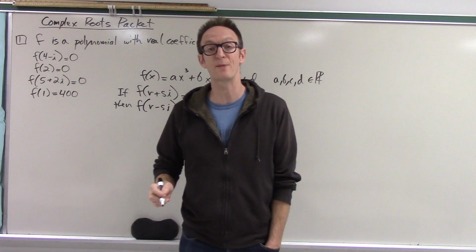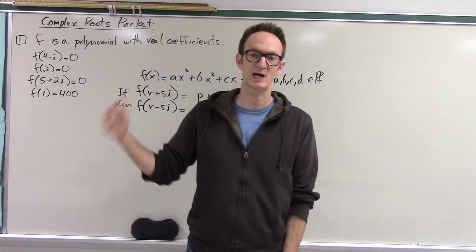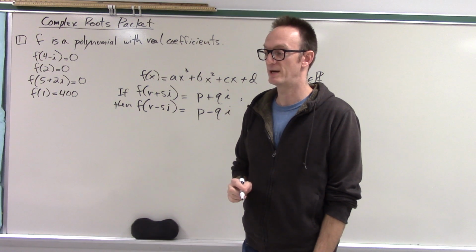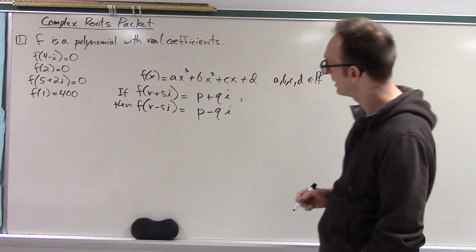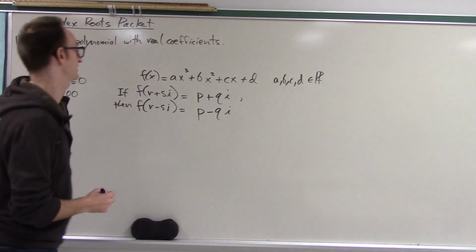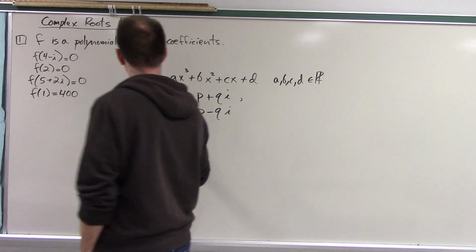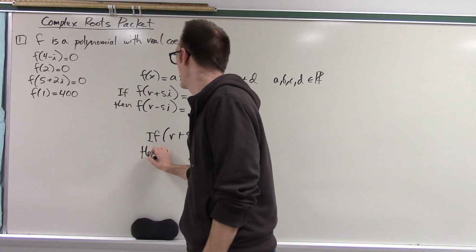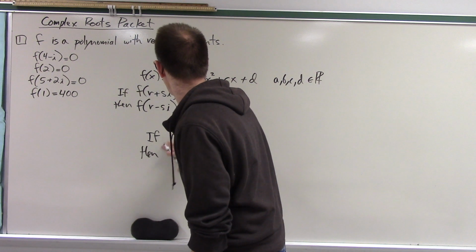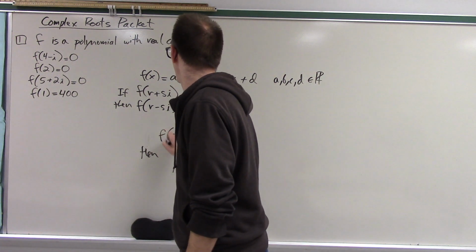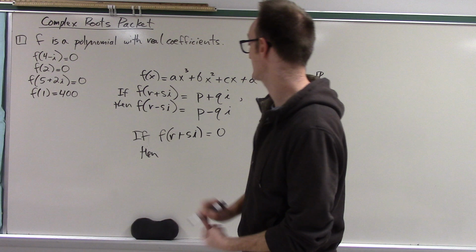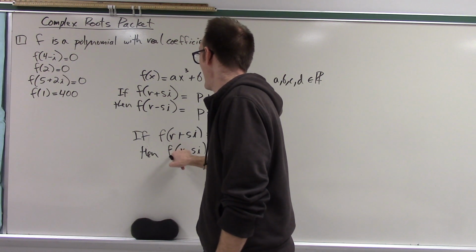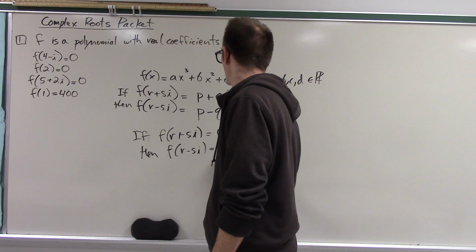Okay, so this took us like 15 minutes to establish this theorem by proving all kinds of properties of the conjugates, such as the conjugate of the sum is the sum of the conjugates, the conjugate of the product is the product of the conjugates, etc. And anyway, the exciting part of this was that on the other hand, if I plug in some complex number and I get back 0, then I should say f: if f of r plus si is 0, then f of r minus si has to be the conjugate of 0, which is 0.